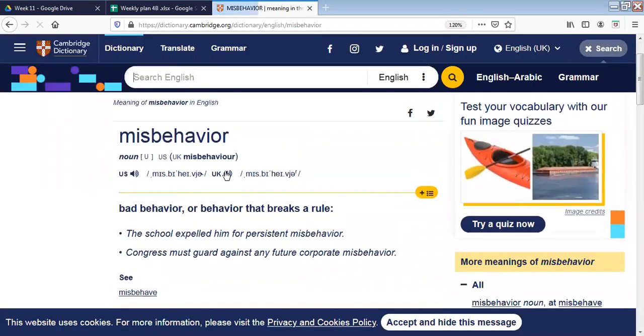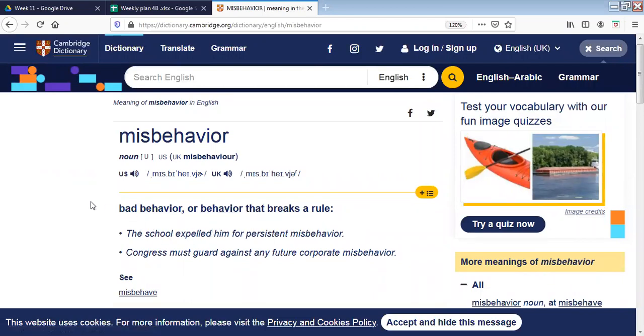Listen. Misbehavior. This is the UK misbehaviour. They dropped the last one, the U here in UK, but in US, listen. Misbehavior. It means a bad behavior or behavior that breaks a rule.